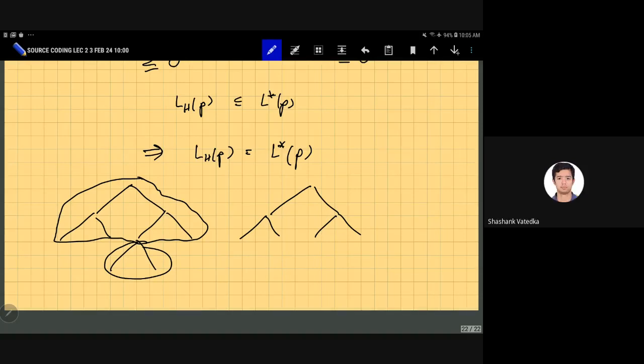At every step when you construct a Huffman code, you merge the two least likely symbols, so you get m minus 1 symbols, and then construct the Huffman code for m minus 1 symbols. It's a recursive construction. There could be different Huffman codes, but no matter which one, when you merge these two symbols, the resulting code tree will always be another Huffman code on m minus 1 symbols.